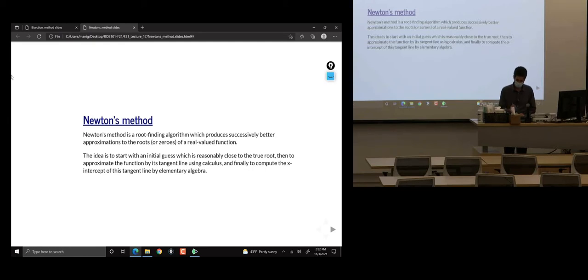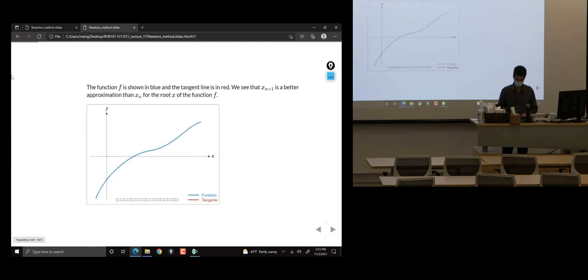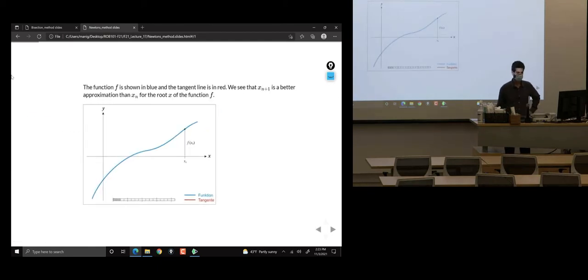So the idea is to start with an initial guess reasonably close to the root, then make your guess better and better each time. So we need a rule to design our algorithm. Now this is the principle behind Newton's algorithm.